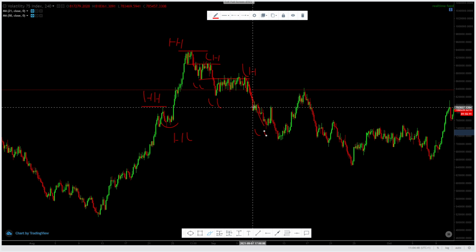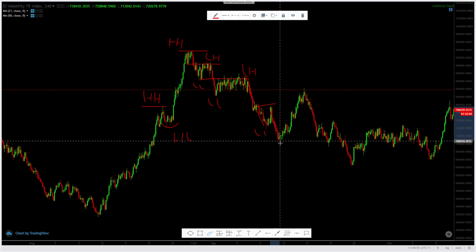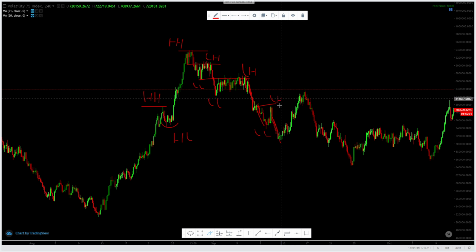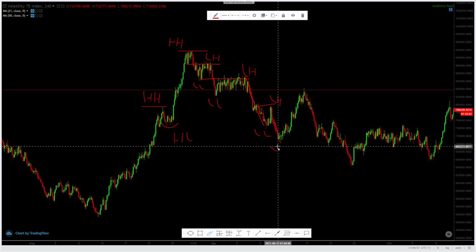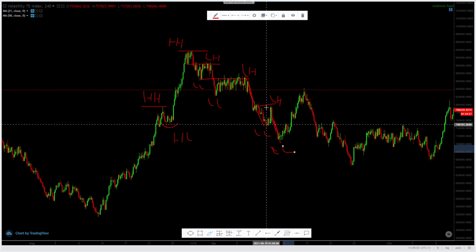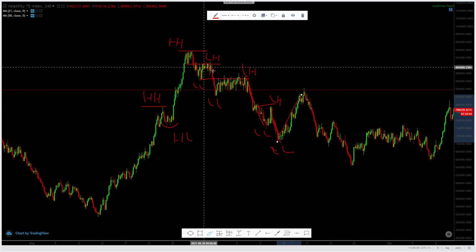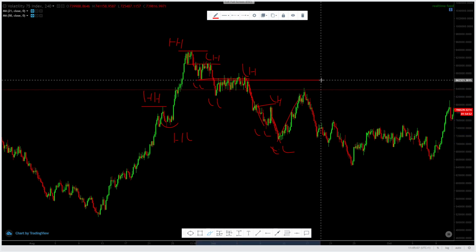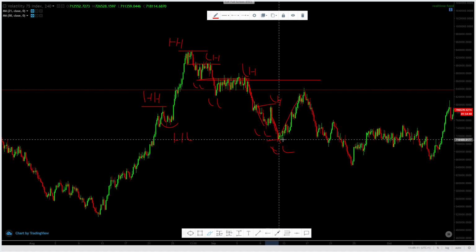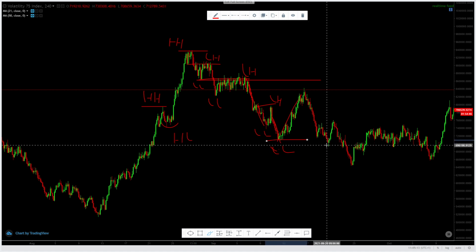Price retrace back to structure, continue to the downside, right? Price create this new lower high, and here we have a new form of a lower low. Sorry guys, my writing is really bad, right? So here we can see price retrace back. This is our overall structure, lower high, price retrace back, break this structure, right, with this move right here.